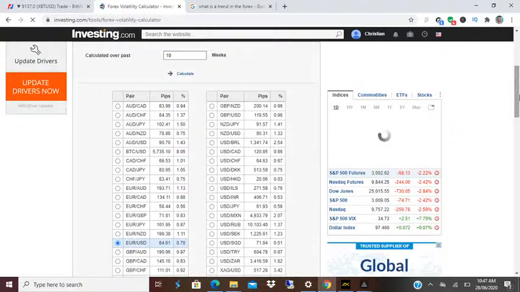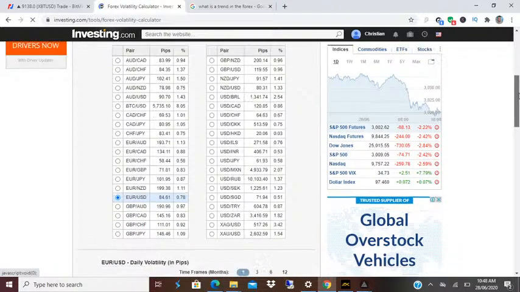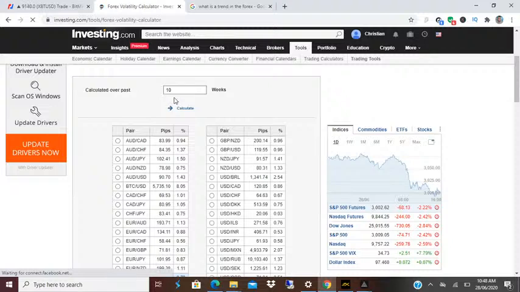So for whatever currency pair you are going to trade, you can come here and go over the past information on how many pips on average it moves within 1 week, 2 weeks, 3 weeks, 4 weeks. So this is a 10-week period.